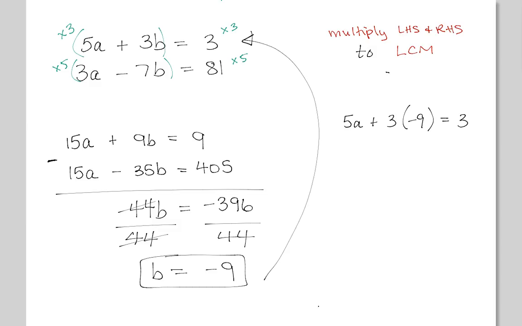And just sub it back into the original. You don't have to sub it back into the scaled versions. So then we have 5a minus 27 is 3. Add 27 to both sides. 5a is 30, a is 6.